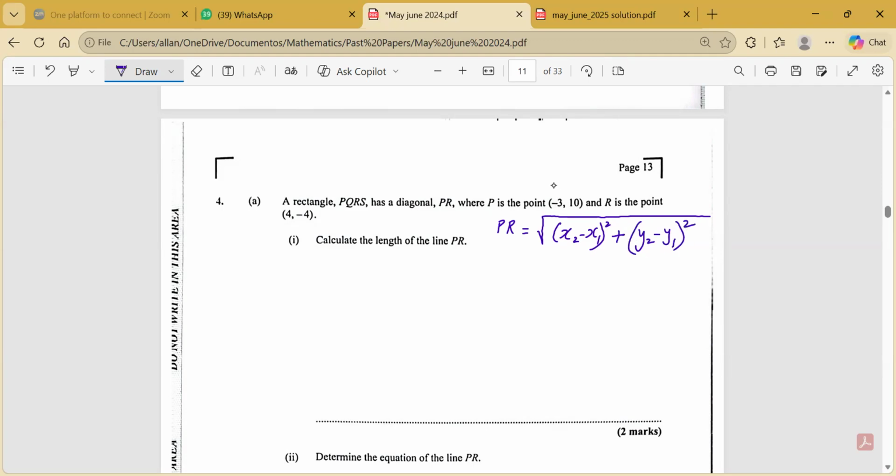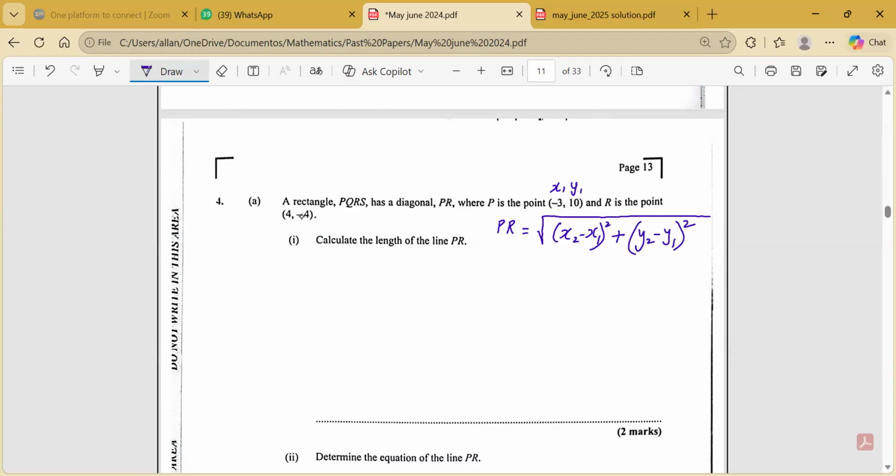So let's call this x1, y1. Let's call this x2, y2. So go ahead, everybody, find the length of the line.